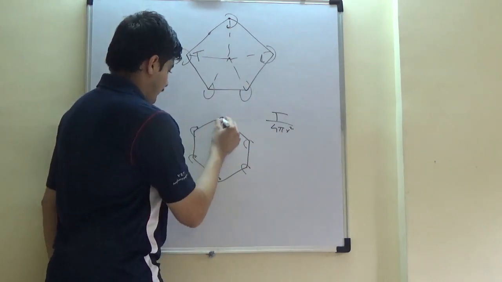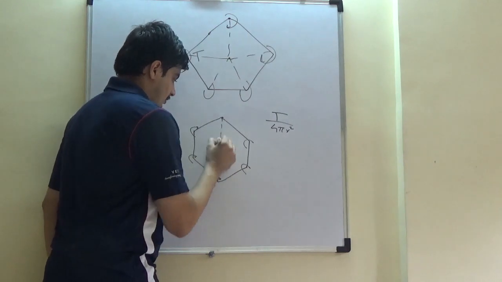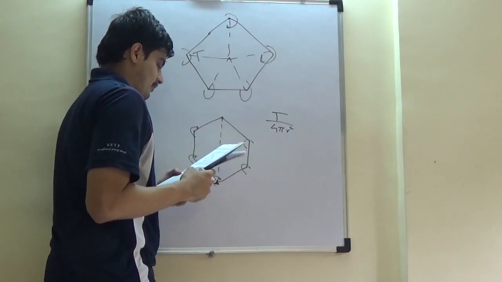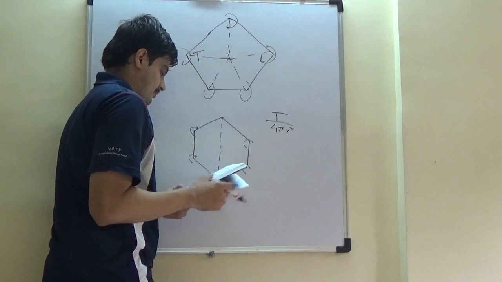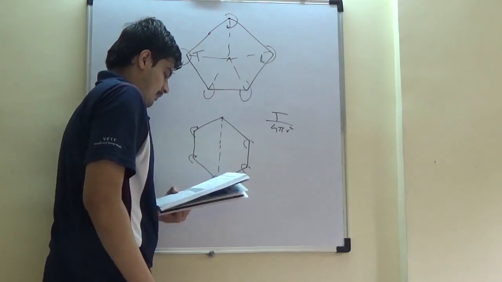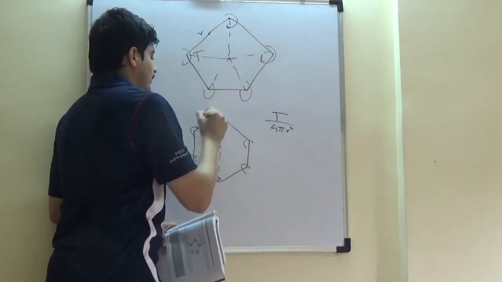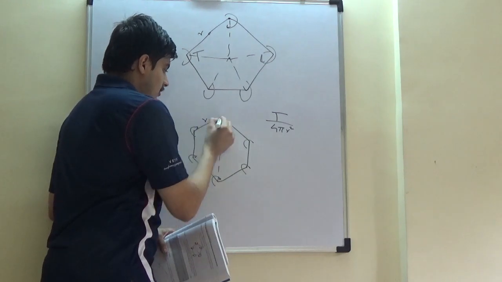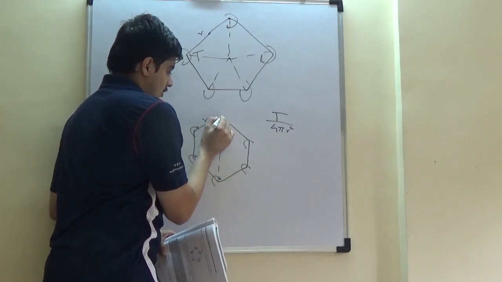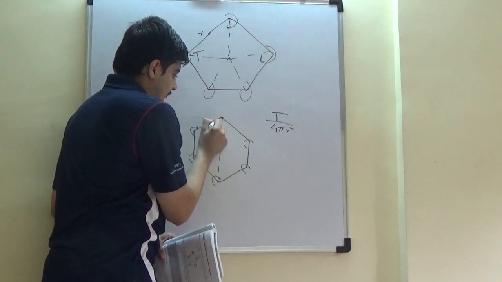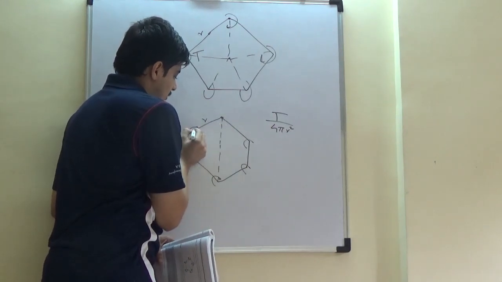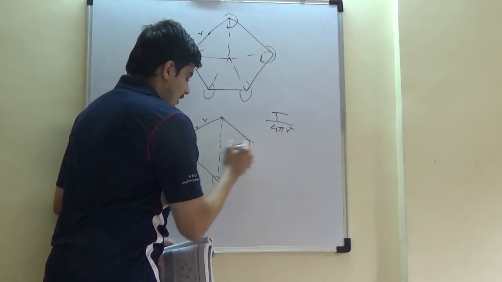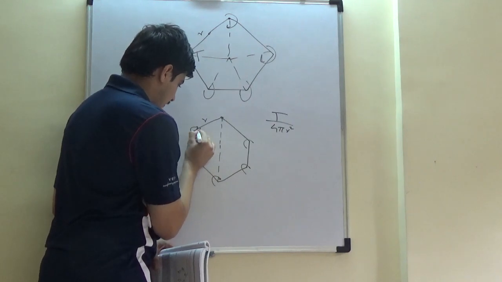Now, this is the side R, right? This is going to produce a circulation. So this is a tangent, right? Tangent to this. What is the angle that this makes?